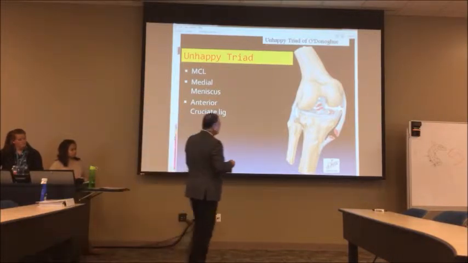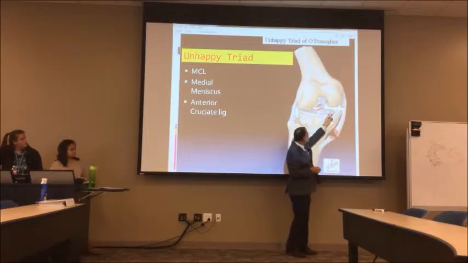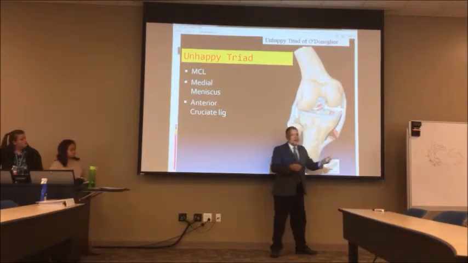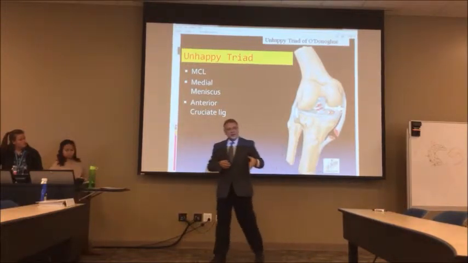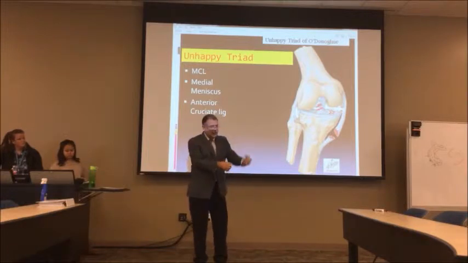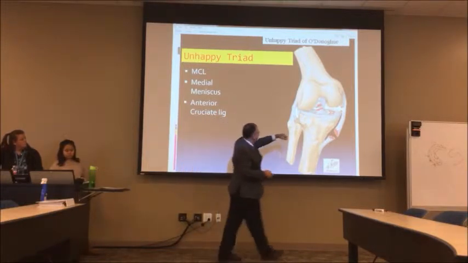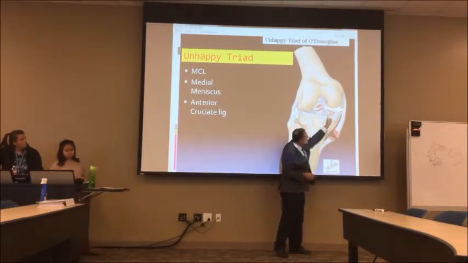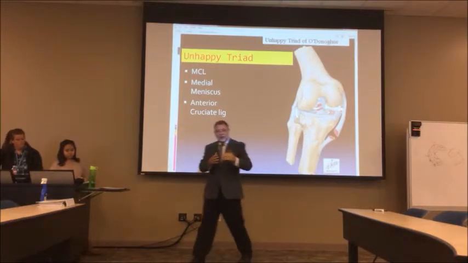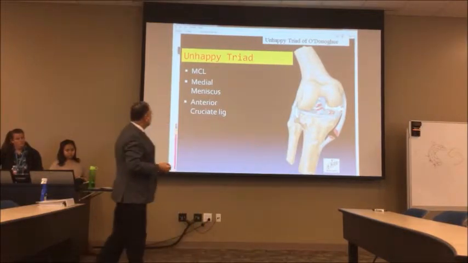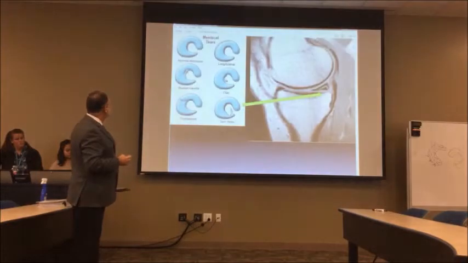And just to take advantage of looking at this image of the meniscus, this is a bucket handle tear, because it resembles the handle of a bucket that you hold. That's how it tears. It can buckle, and can give you some sort of obstruction, a blockage of movement.